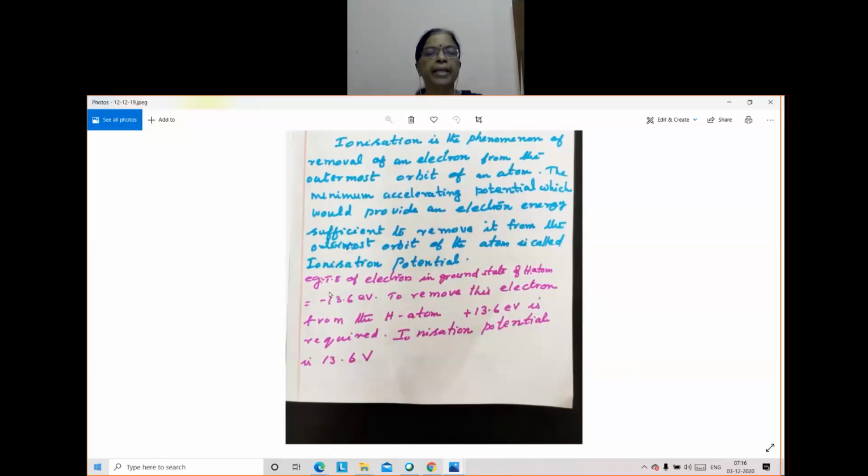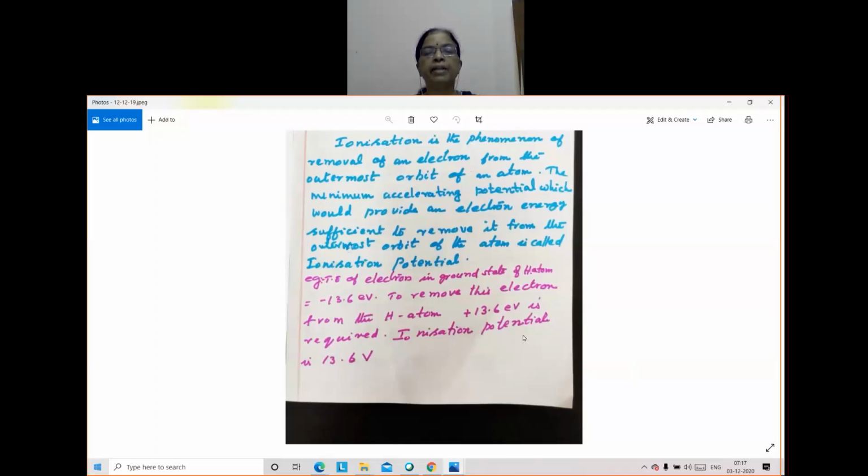Energy of the electron is minus 13.6, so to remove it, we have to apply plus 13.6. Then what is the potential corresponding to that? Divide by e. So e and e get cancelled, we get 13.6 volt. So ionization potential for hydrogen atom is 13.6 volt.